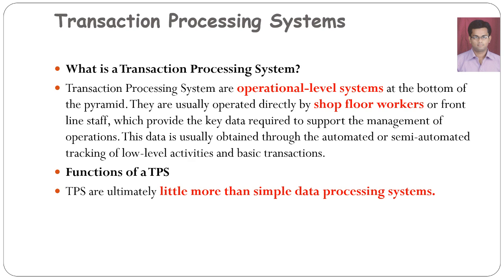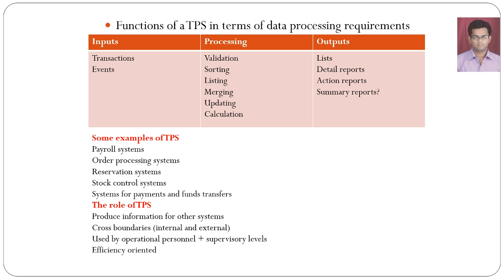Typical functions of a transaction processing system: TPS are ultimately little more than simple data processing systems. The functions of a transaction processing system in terms of data processing requirements are shown in the following table. The typical inputs for TPS are transactions and events. The things which need processing in transaction processing systems are validation, sorting, listing, merging, updating, and calculation.